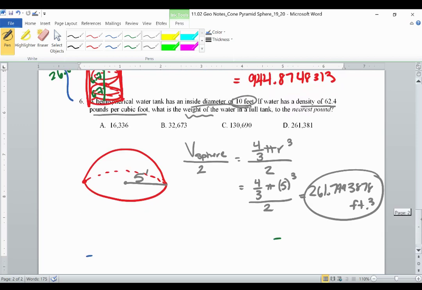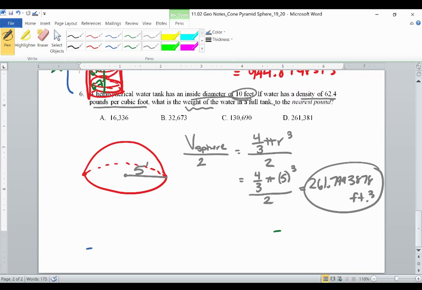So how much water is in there. We want to know what's the weight of the water in there. So I know that the density of the water is 62.4 pounds per cubic foot. So if I write this as a fraction, that would be 62.4 over 1, 62.4 pounds over 1 cubic foot.